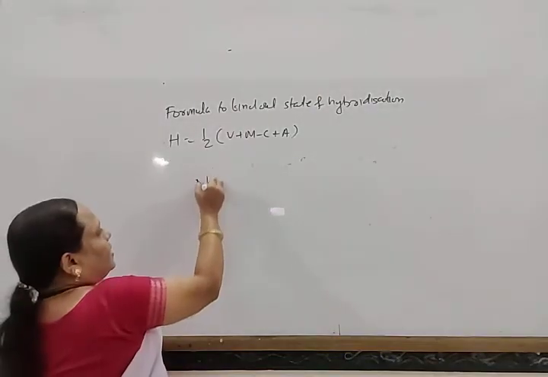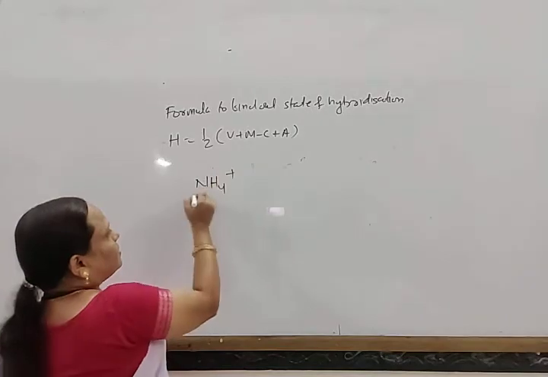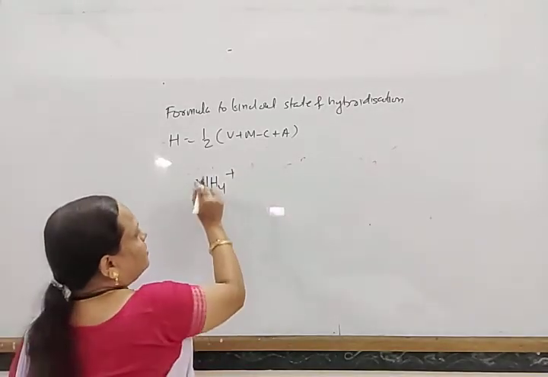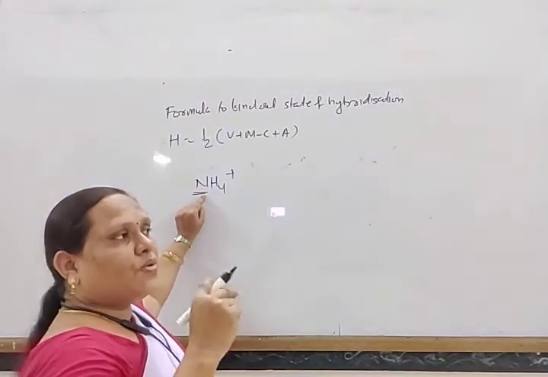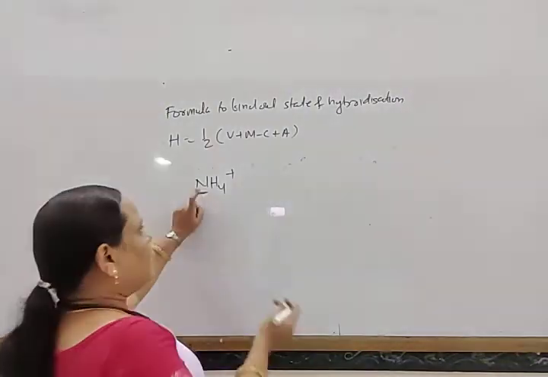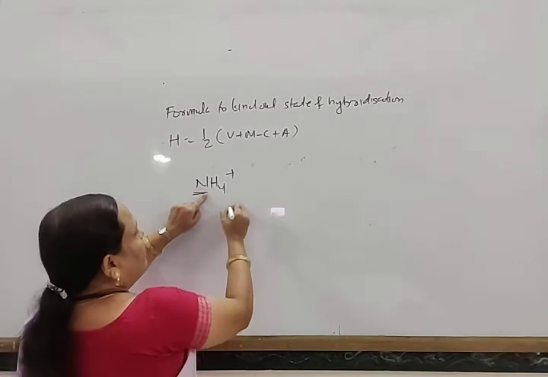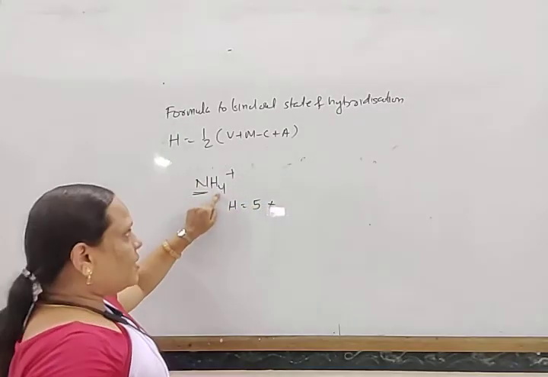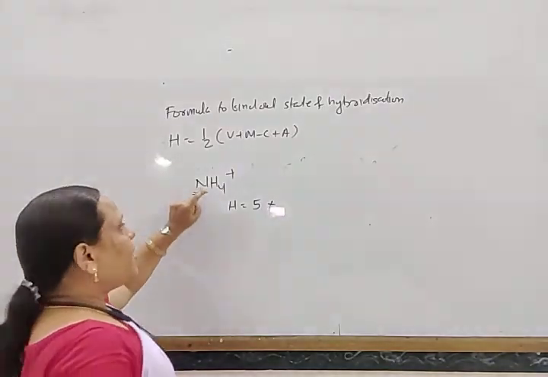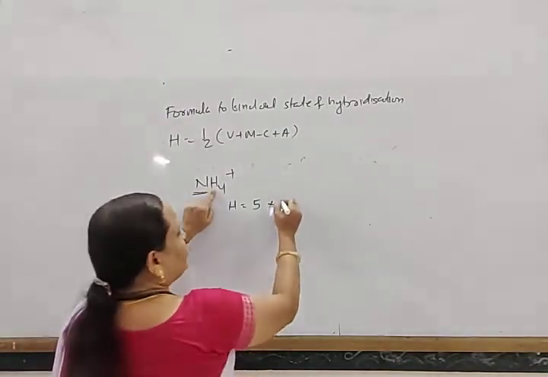Look here, in the NH4 plus ion, nitrogen has atomic number 7, so the configuration is 2, 5, and the valence electrons are 5. So H equals, nitrogen is the central atom, it has valence electrons 5. And how many monovalent atoms are attached? 4.